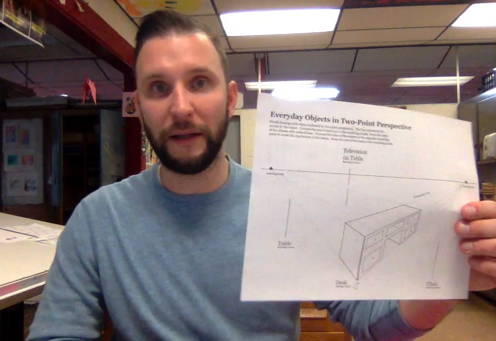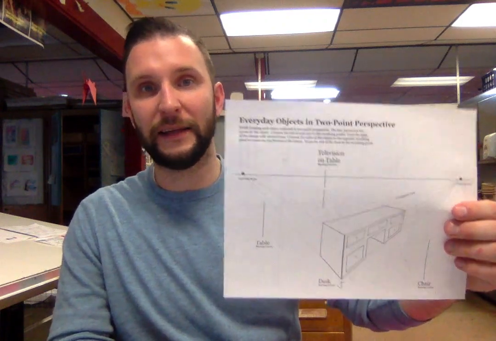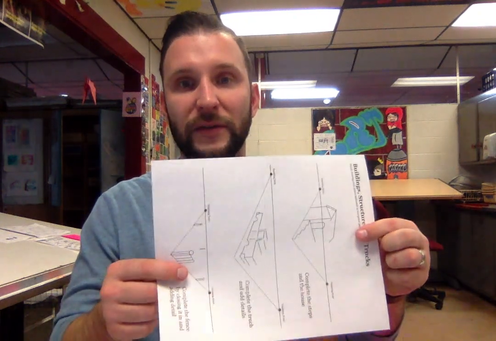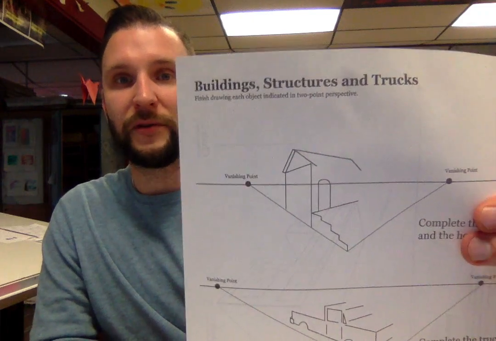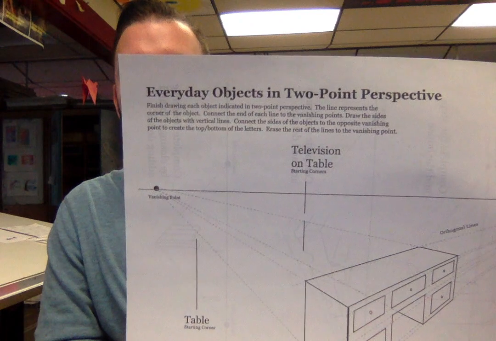So I've got one last set of guided notes, but you guys have the opportunity to choose which set you want to do. You'll notice that there is a handout up here on my desk, or possibly the guest teacher had already passed these out to you guys, that is two-sided. One side is entitled Building Structures and Trucks, and the other side is simply Everyday Objects in Two-Point Perspective.